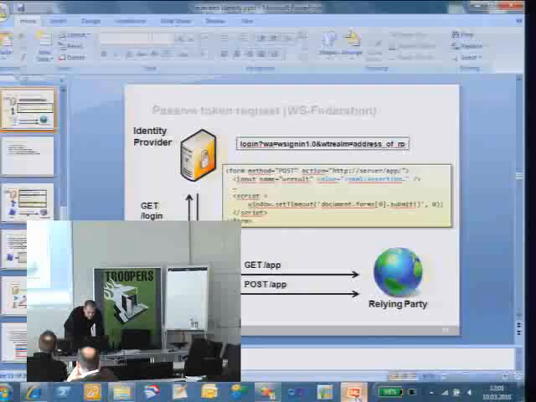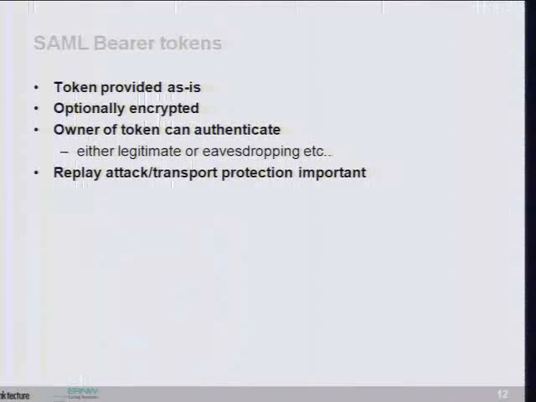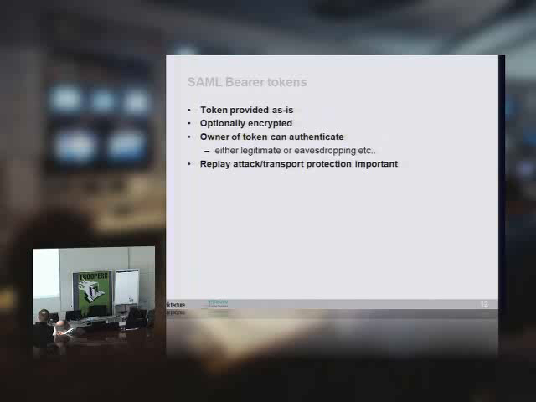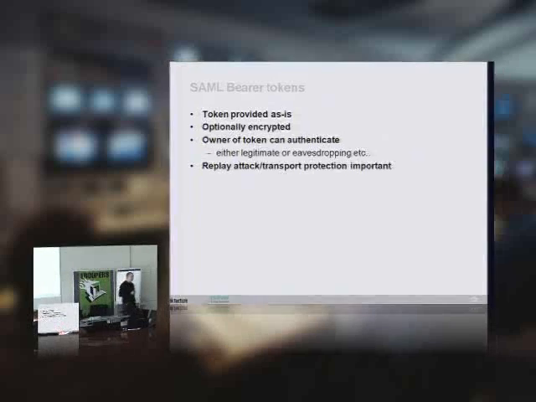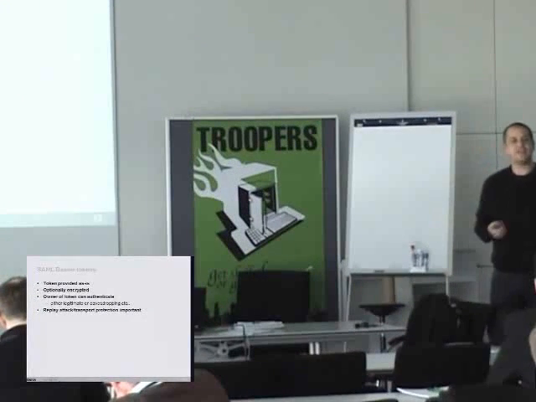Now, there are some things to keep in mind here. Technically, this is all good and fine. Of course, the whole thing has to happen over SSL. I'm pretty sure I don't have to specifically mention that. But of course, you are sending around information, and there's one special thing here in the browser world, which is that the browser is not capable of doing some sort of heavy crypto.